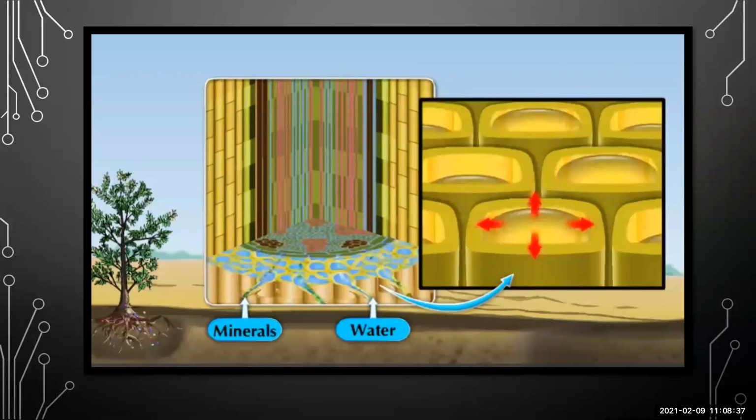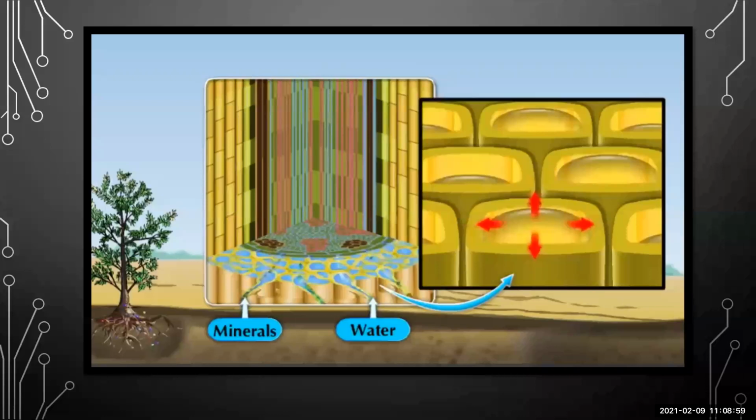There is a difference in concentration, that is why water and minerals enter the cells, and as a result of this the cell becomes turgid. Turgid means as if we fill water in a balloon, it gets turgid. So like that the cells also become bulgy, so that they get turgid.